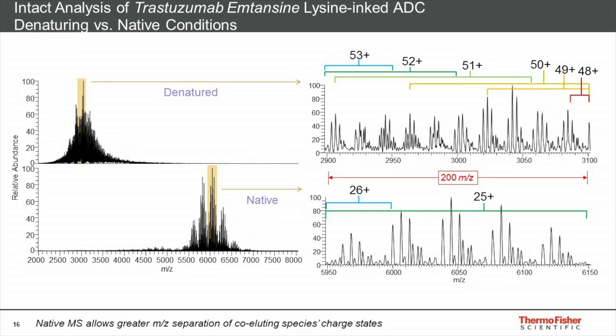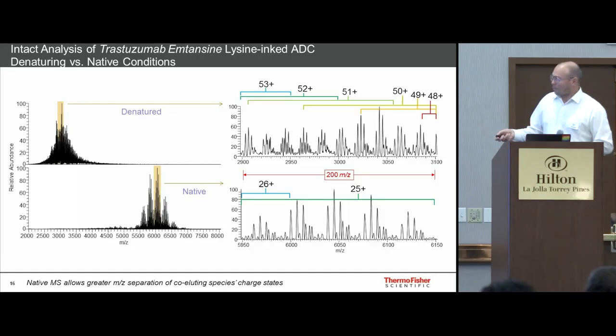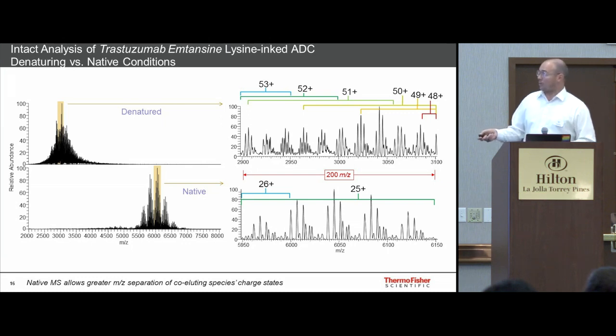As we move to native conditions, done online with our size exclusion, we find that the overlap is greatly reduced, minimized. If we push this even more, there's absolutely no overlap at all.